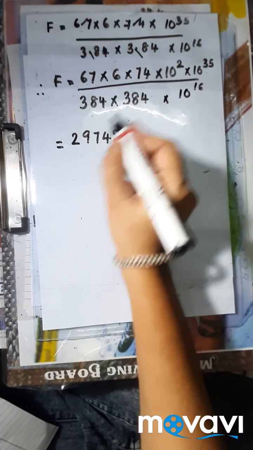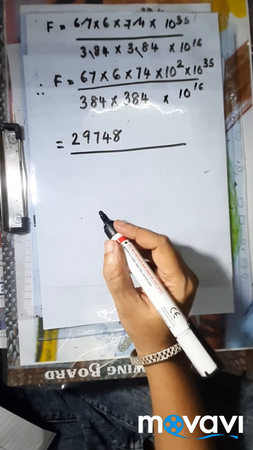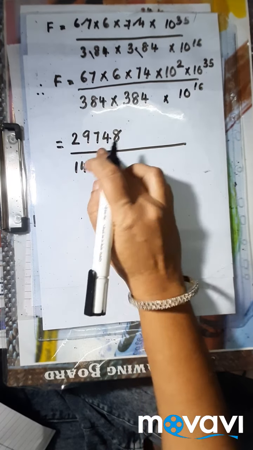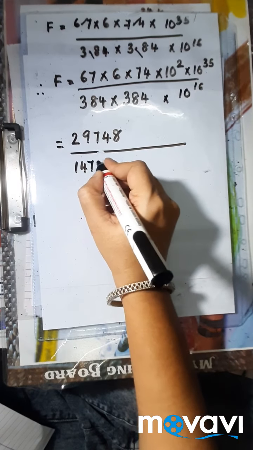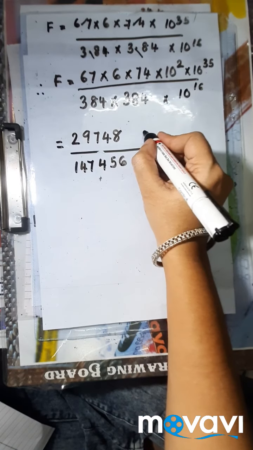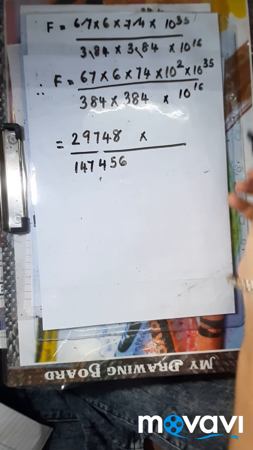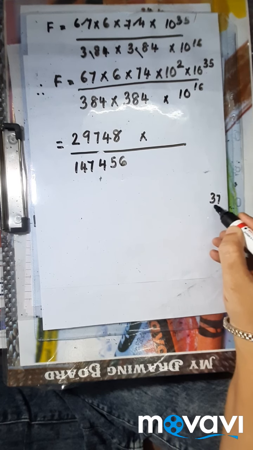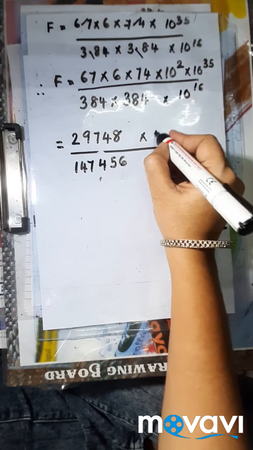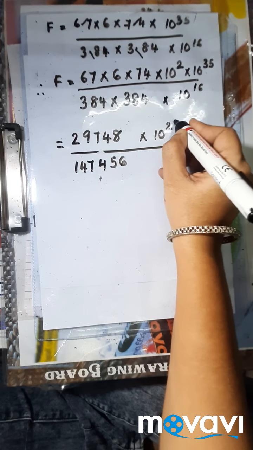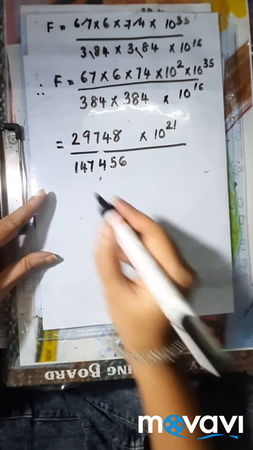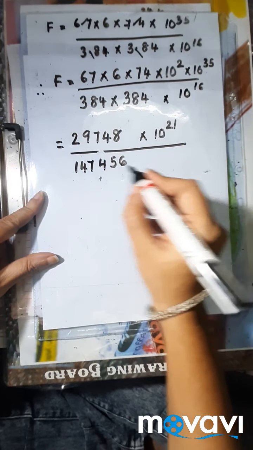And when I multiply 384 into 384, it is 147456, simple multiplication, multiplied by 10 raised to 37 and this 16 down, so I'll minus 16, so I'll get 21, so multiplied by 10 raised to 21. Now actually I have to do long division of this, right?